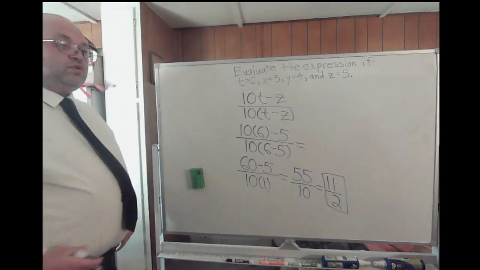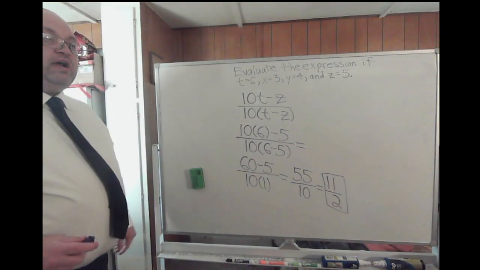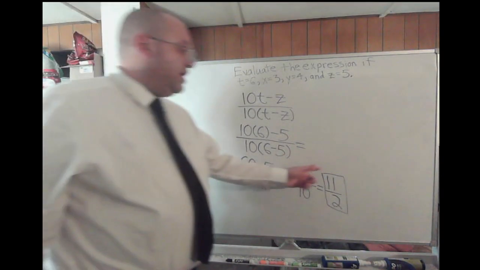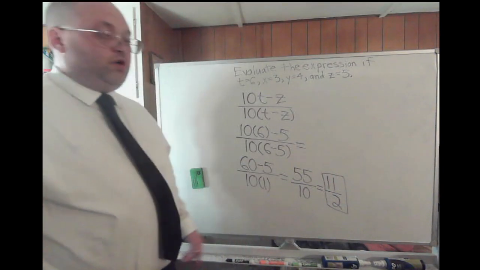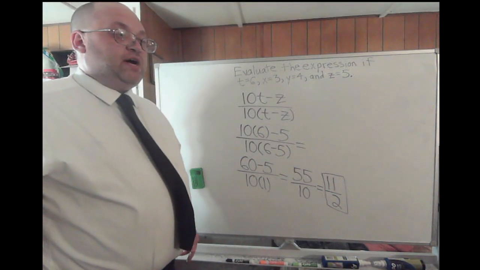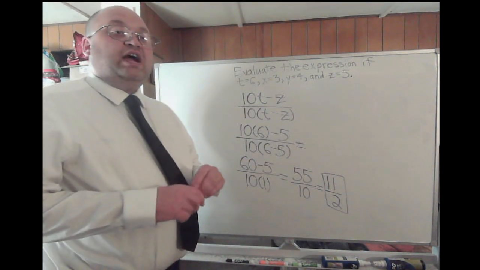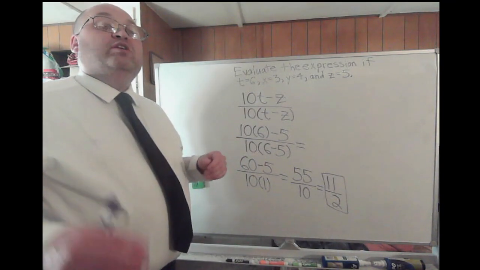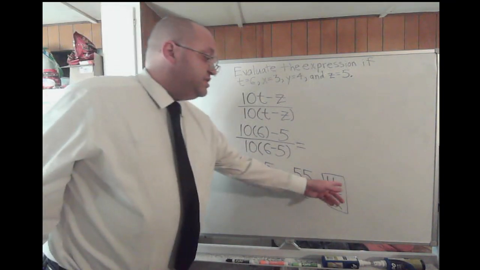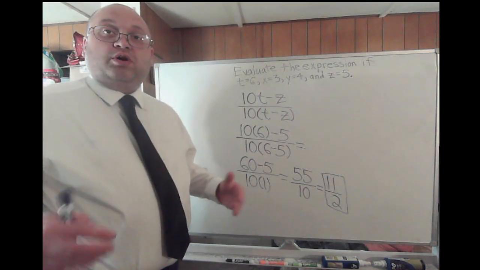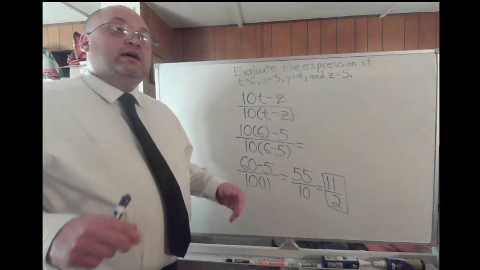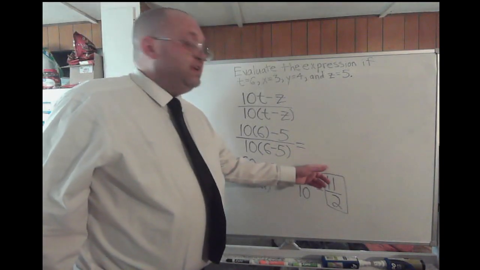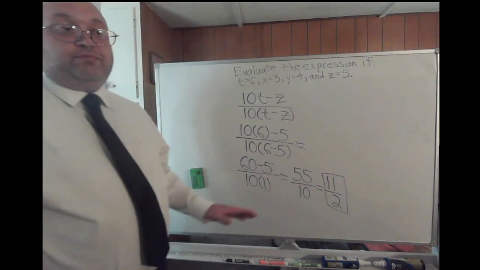In this course, my personal preference is to leave it as an improper fraction. You are more than welcome to leave it as an improper fraction. Now, when we get into graphing and plotting points later in the course, it may help you personally to convert that to a mixed number so you know about where to plot a point. But I'm the type of teacher that's okay with you leaving it as an improper fraction.